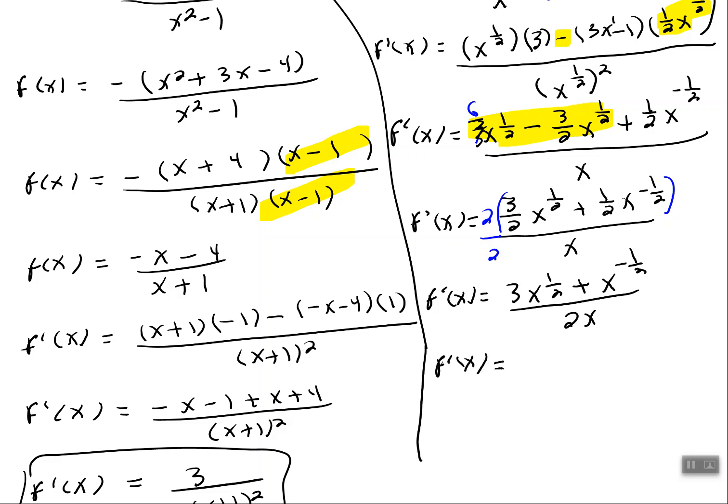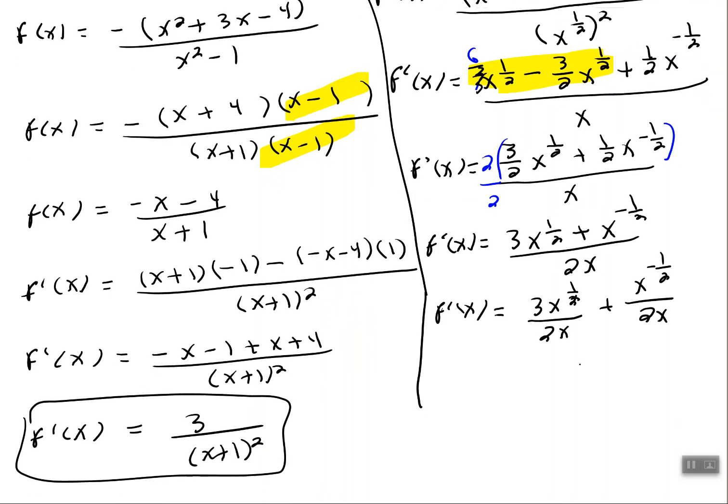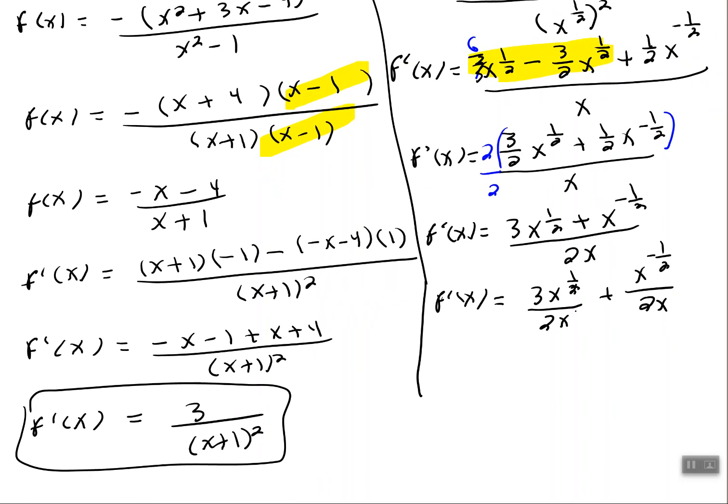So let's see, f prime of x. I'm going to split this up and make 3x to the 1/2 over 2x and x to the negative 1/2 over 2x. So I'm just going to make that into two separate fractions. Then I'm going to use my quotient rule for exponents.